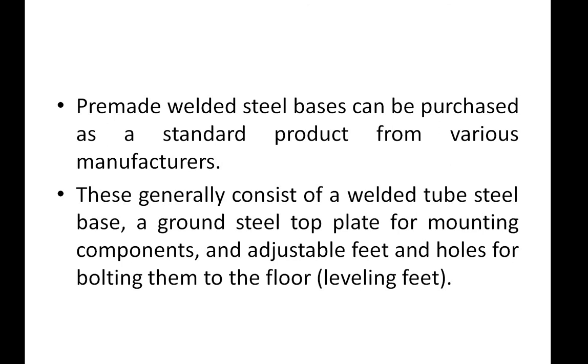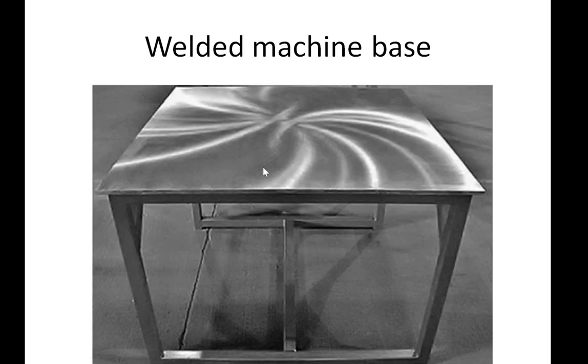Pre-made welded steel bases can be purchased as standard products from various manufacturers. These generally consist of a welded tube steel base and a ground steel top plate for mounting components, and adjustable feet and holes for bolting them to the floor. That is, leveling feet. Here you can see a welded machine base. This is the machine base and it is made of steel.